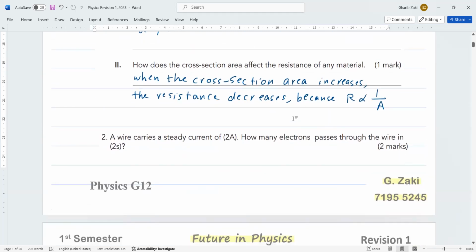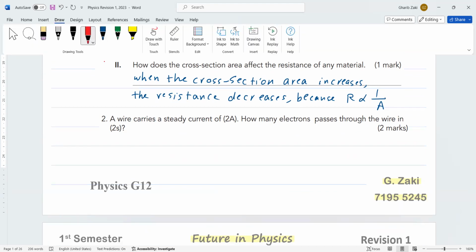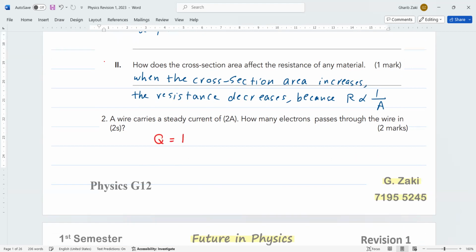Now, next question. A wire carries a steady current of 2 ampere. How many electrons pass through the wire in 2 hours? We have the formula Q equals N capital multiply E. So the number of electrons that pass through the wire in 2 seconds equals the charge in 2 seconds divided by the charge of an electron.